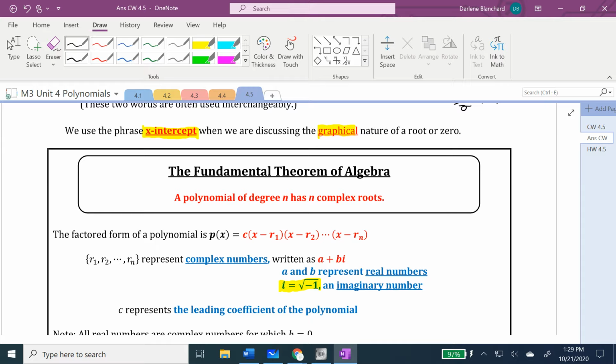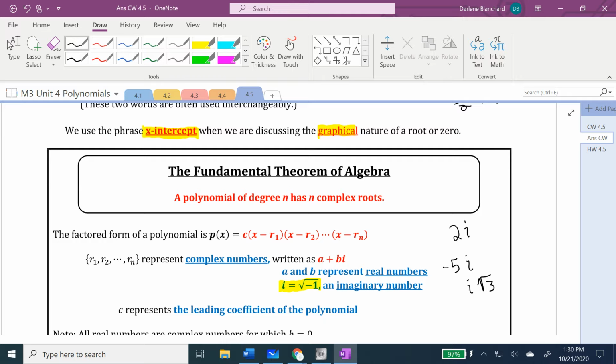But we call it an imaginary number when we have i multiplied by, say, 2, or i multiplied by -5, or i multiplied by the square root of 3. So the imaginary numbers are when i is just multiplied with a number you're familiar with.